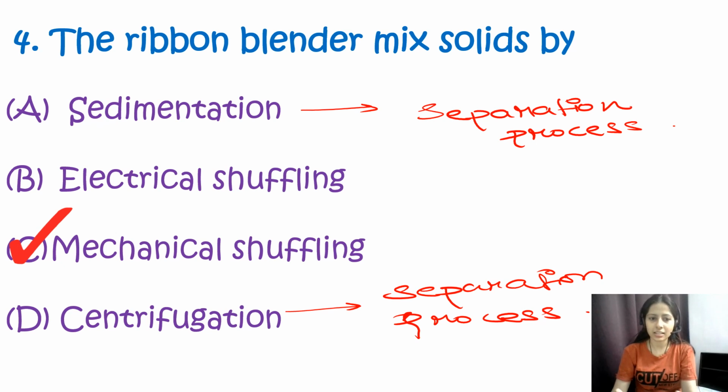And the electrical shuffling method is not a recognized method for mixing solids in a ribbon blender. So over here my correct option will be option C, that is mechanical shuffling method.